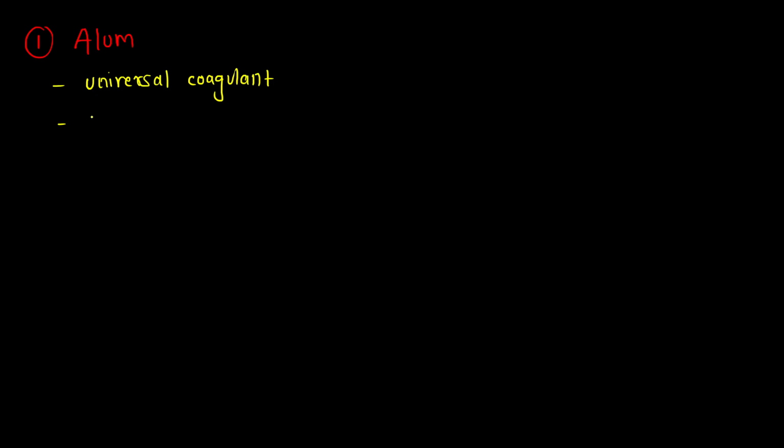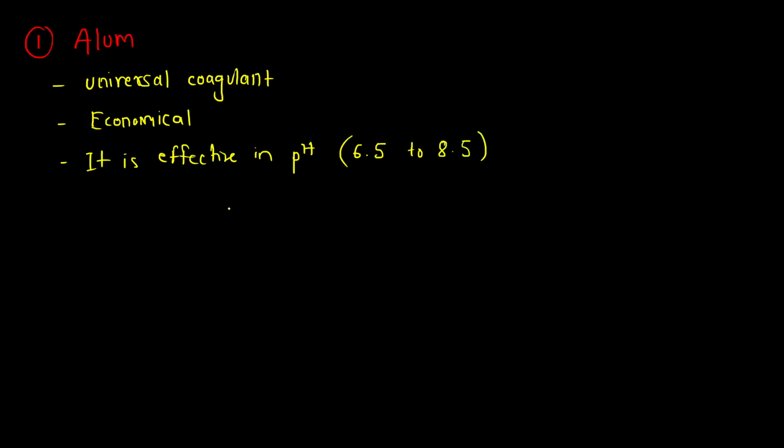Coagulation with alum is economical. So if we use this, it is economical. It is effective in the pH range of 6.5 to 8.5. So in this range, it is effective.